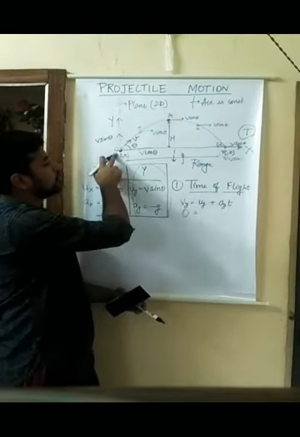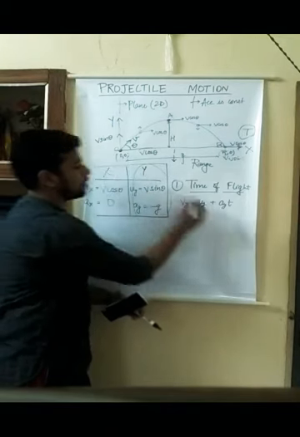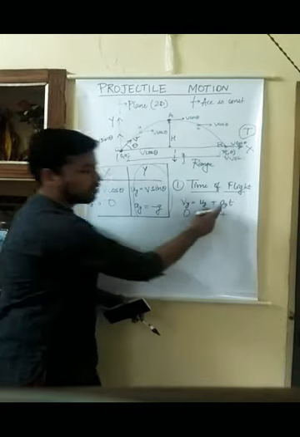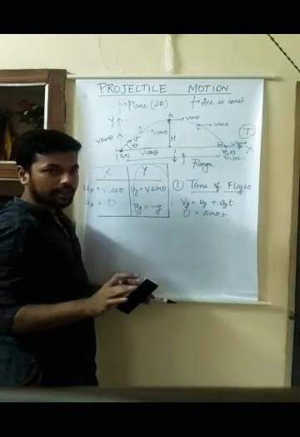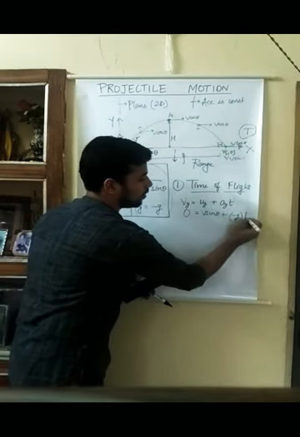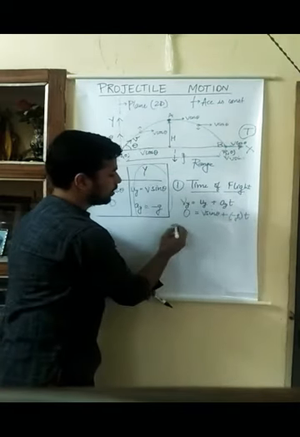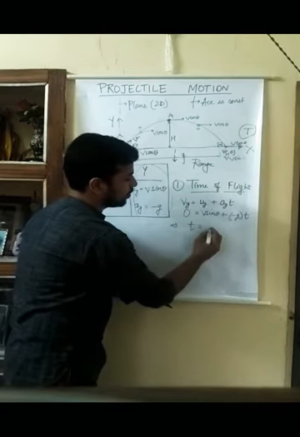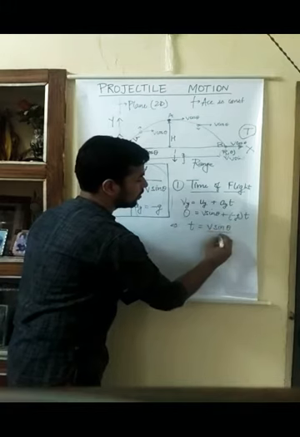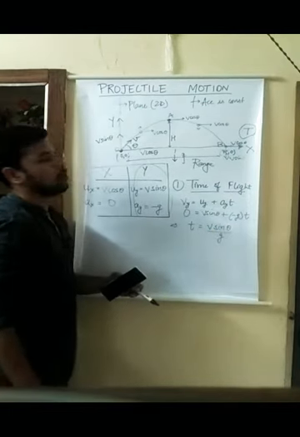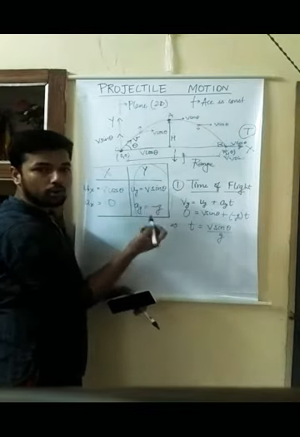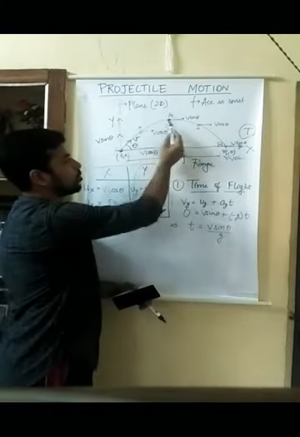Initial velocity at origin was v sine theta. Acceleration is constant everywhere, and it is given by minus g, and time is t. So from here we can easily see that time is given by v sine theta by g. Now this is the time taken for the ball to go from origin to A.